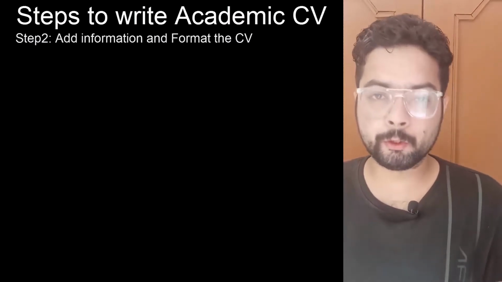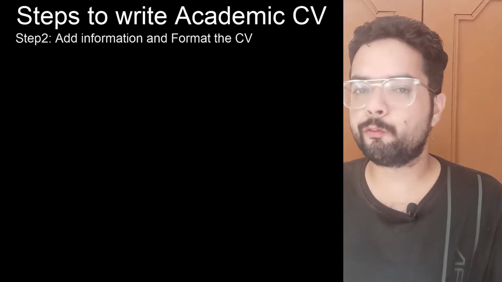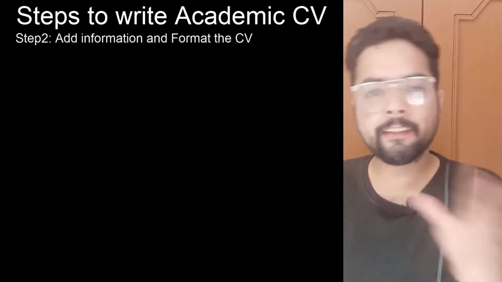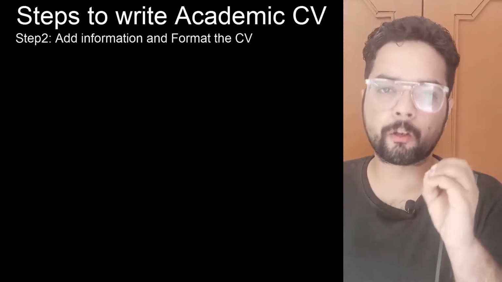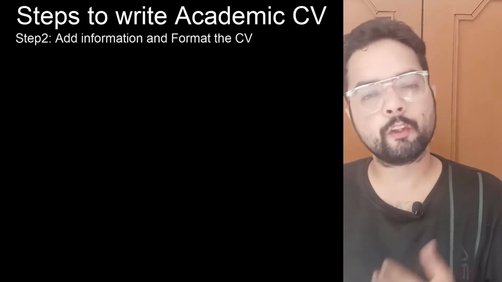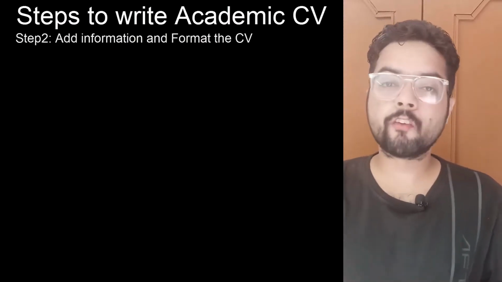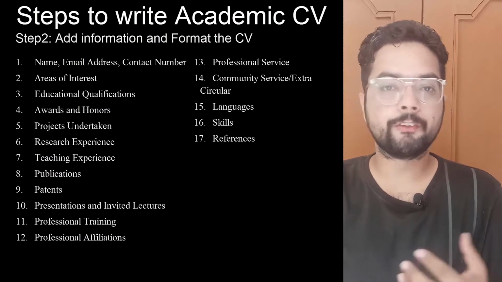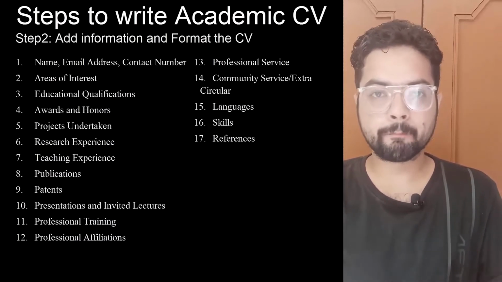Now, I'm going to tell you about various parts of your academic CV, and then I will show you that Word format that I'm going to share with all of you. The various parts of the academic CV include your name, email, contact number.